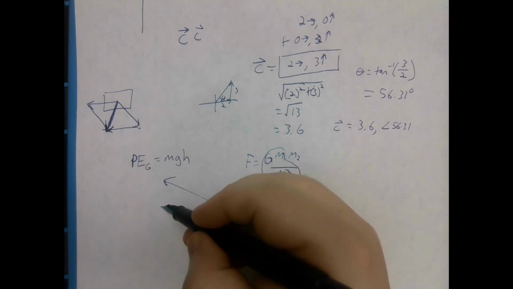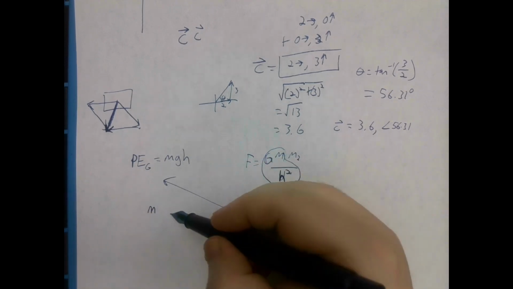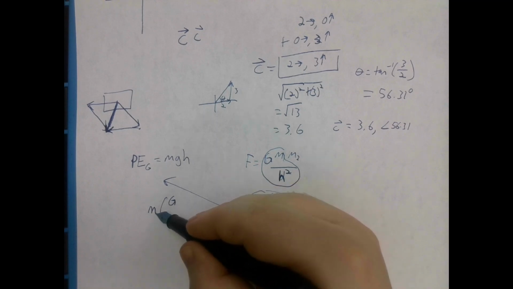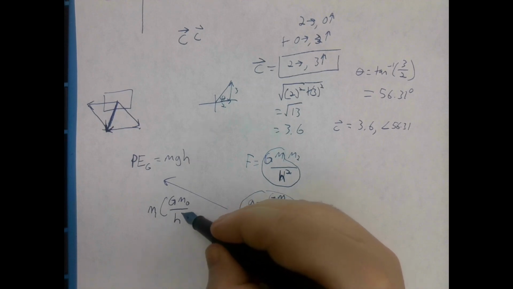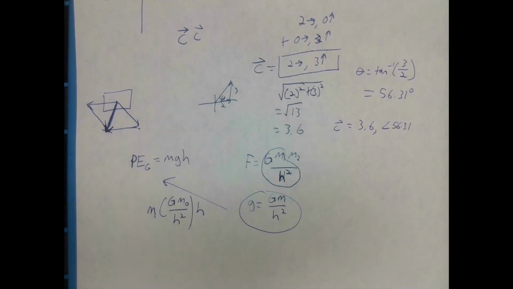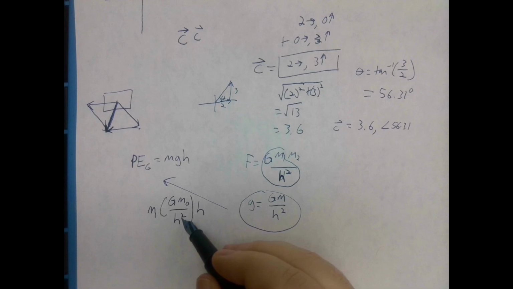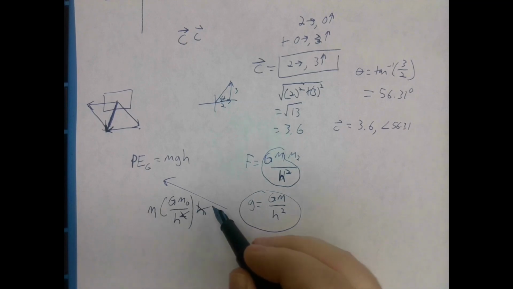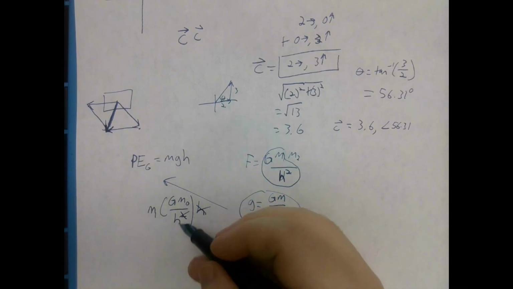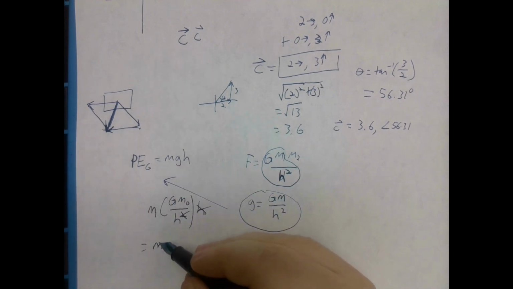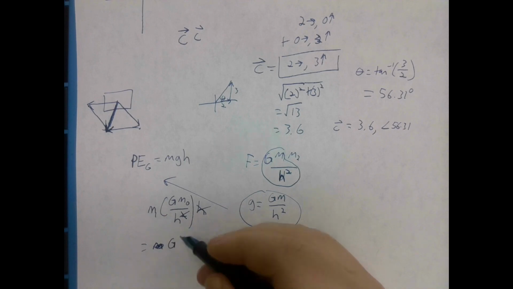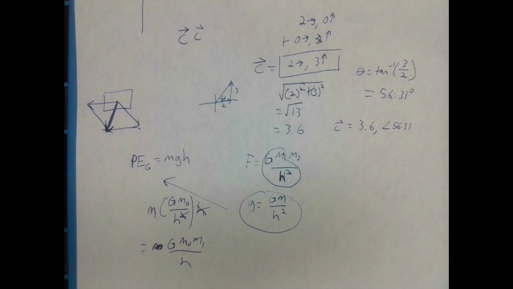So if I plug this into the formula, I get M times capital G, and I'll call this M1, and I'll call this M naught, divided by H squared times H. This H and this square cancel each other out, and thus I get that the potential energy due to gravity, another equation for it, is the constant times 2 masses divided by H. That's another way of reworking this formula.